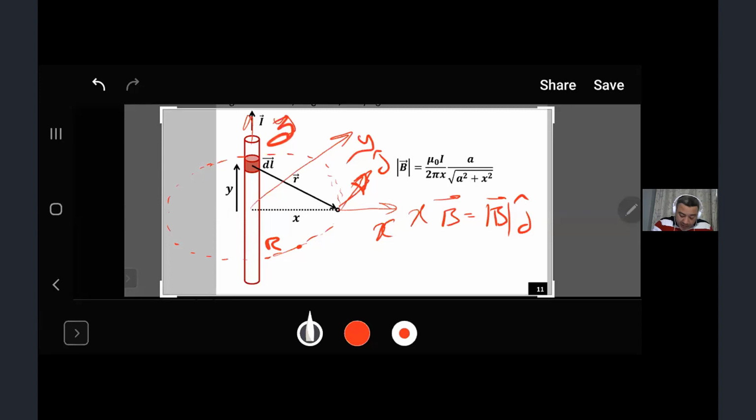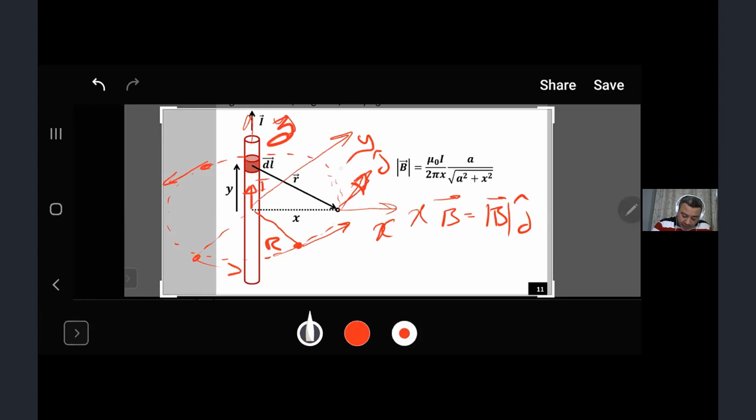So it depends on how much this radius is. The radius is the general case, which means that at any point it will be tangential. If I look at this point, based on the direction of the current going up, then this one is the tangential. This point, this one is the tangential. Notice that when the current is going up along the positive z axis, then the magnetic field is counterclockwise.